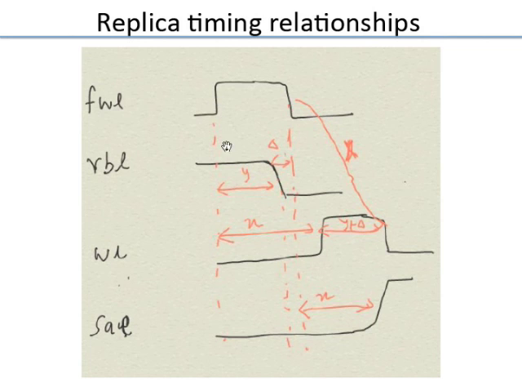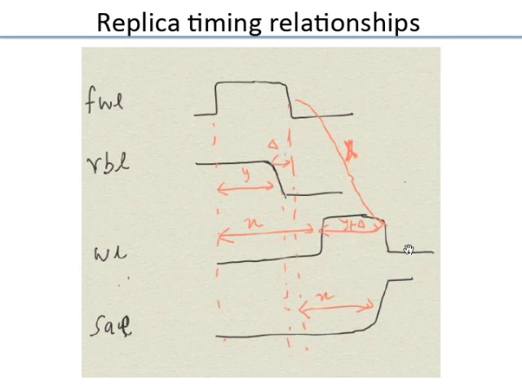So if you have a delay of x from FWL to the word line, then the overall delay from rising edge to the falling edge of the word line is x plus y plus delta, because you have y plus delta plus x coming here. Okay, that is when this word line falls.